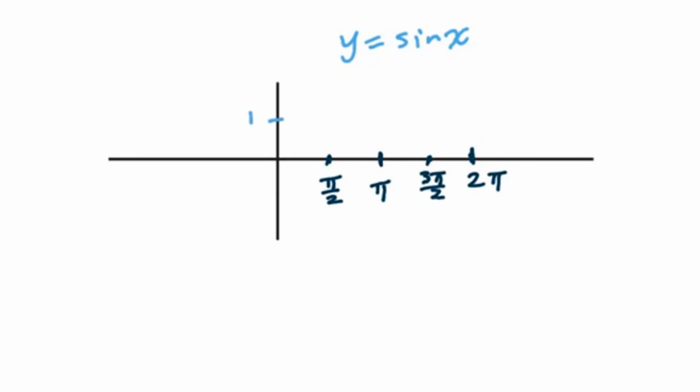Then we got 1, here's a negative 1. So that pattern will be 0, 0, then going up, because sine of pi over 2 is 1. Then going down, go down, go here like a wave. So we sketch the graph like this.